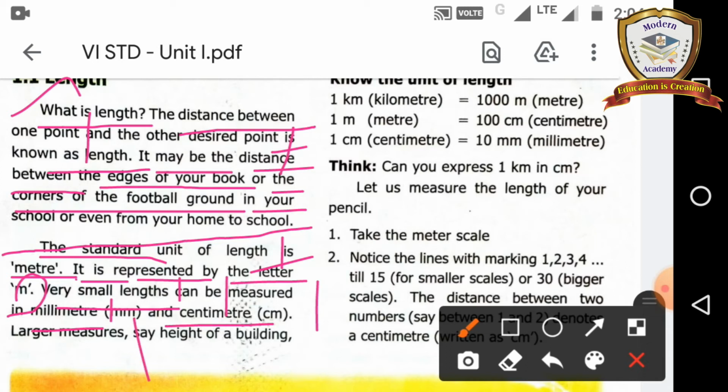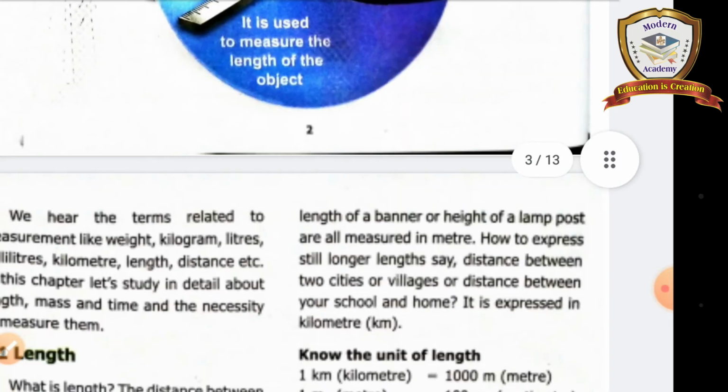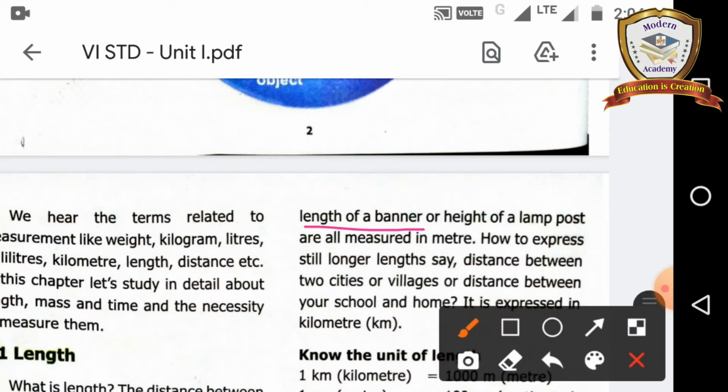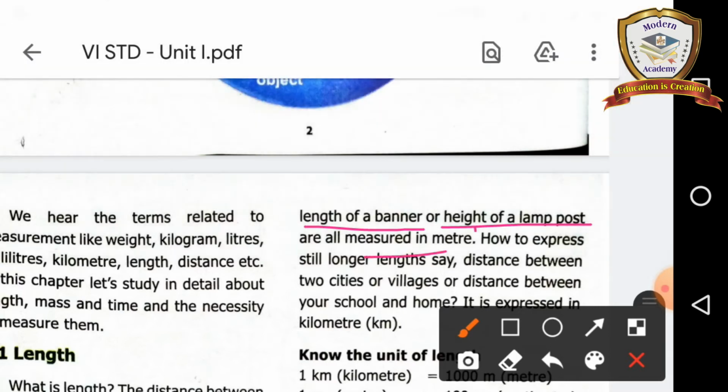Large measures, say height of a building, length of a banner or height of a lamp post are measured in meter. How to express still longer lengths, say distance between two cities or villages or distance between your school and home? So it is expressed in kilometer.